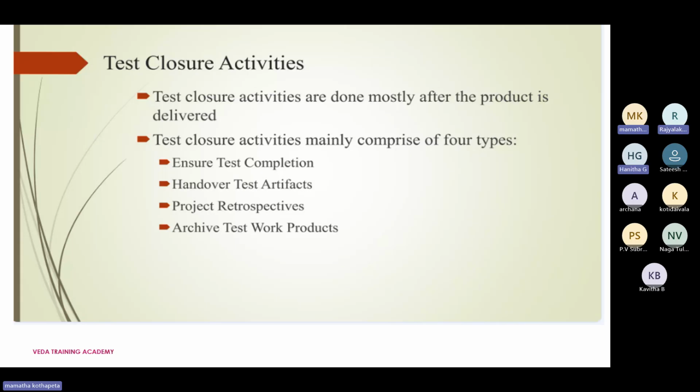Exit criteria tells your test closure time. So when can you close the testing? That will be defined in the exit criteria. And once the testing is closed, these are the following points. What are those? Ensure test completion. Yes, all the test cases are executed.